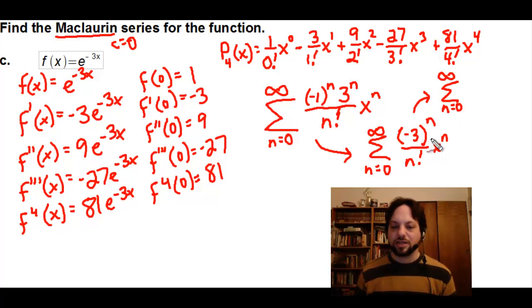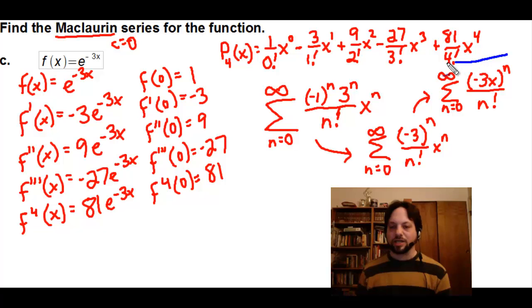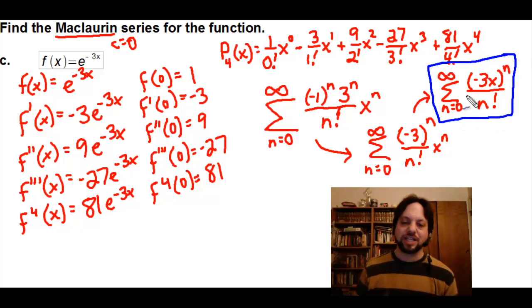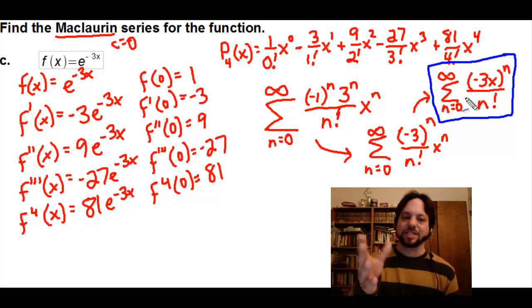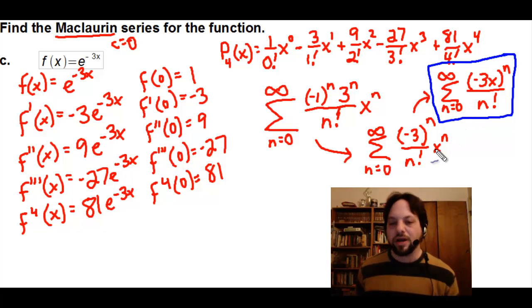Notice that there's a bunch of things that are all to the n power. In a sense, I can just smash them all together and end up with this as my Maclaurin series. This, quite honestly, is probably the preferable approach, just in that there's fewer terms and it's a lot easier to look at. But understand that any one of these 3 is going to be correct.